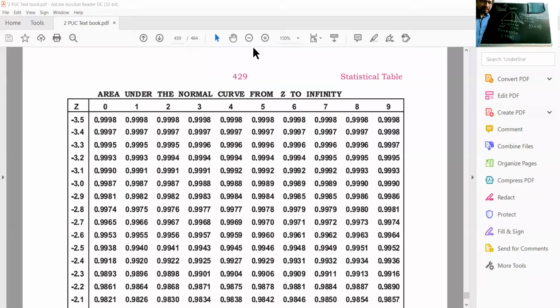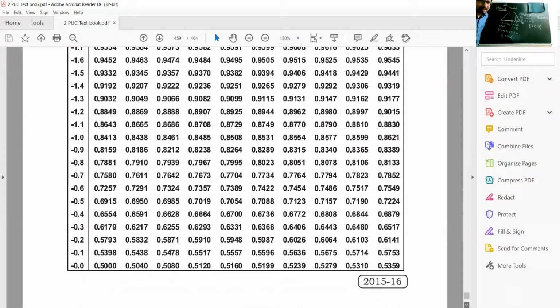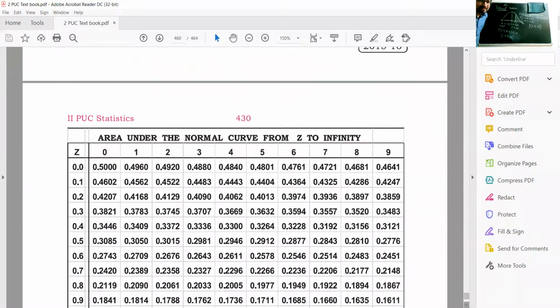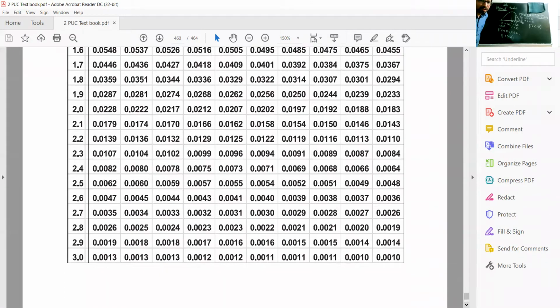So see where you have z 3.3 in the table. These are all negative values, so scroll the table to observe the positive values of z. I said it is generated from minus 3 to plus 3. So I get 0, 1, 2, so on, and then I have 3. So there is no 3.3 here.